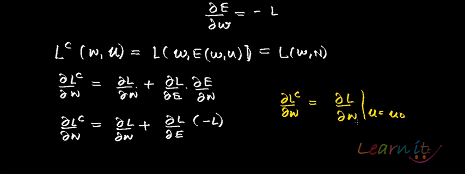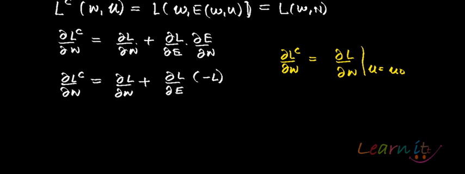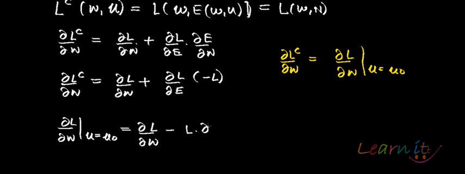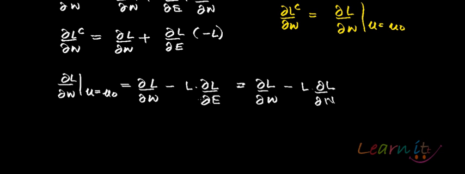So you can write this as del L by del W with U equal to U naught, equal to del L by del W minus L del L by del E, or you can write this as del L by del W minus L del L by del N.